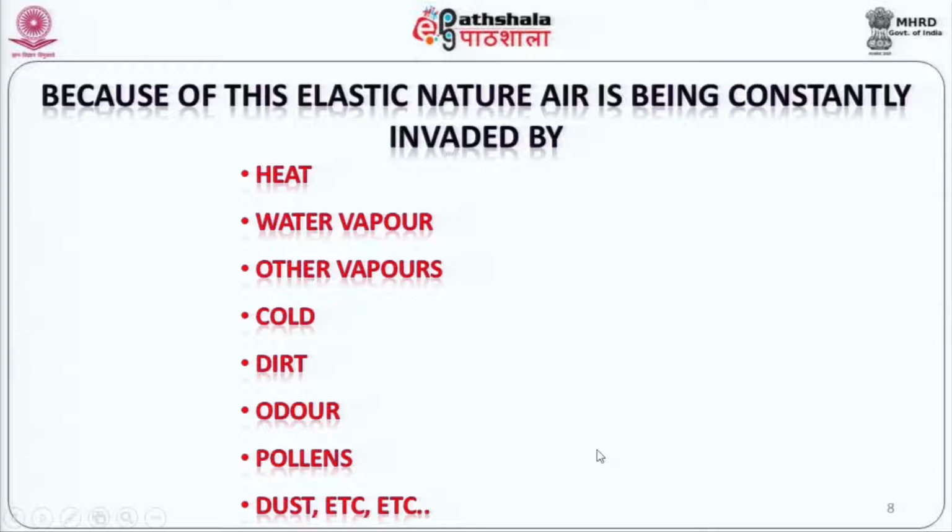Let's take a look at a small list of these. The most common ones are heat, water vapor, any other vapor which might be in an industrial ambient, of course cold, which is the opposite of heat, dirt, odor, items like pollen, dust. Now these unfortunately tend to get into air by virtue of air being elastic.